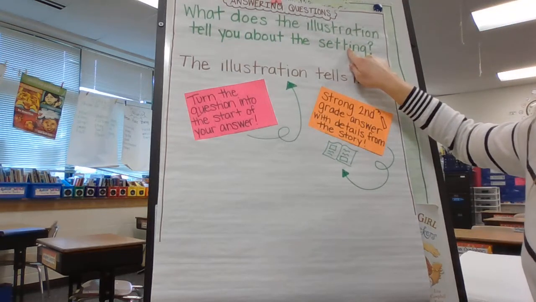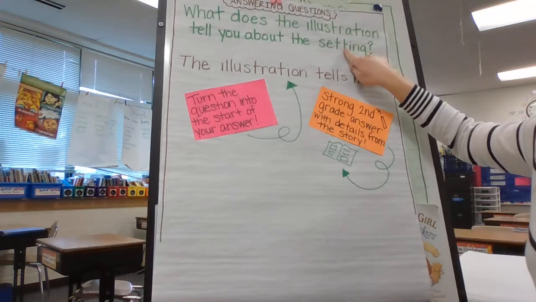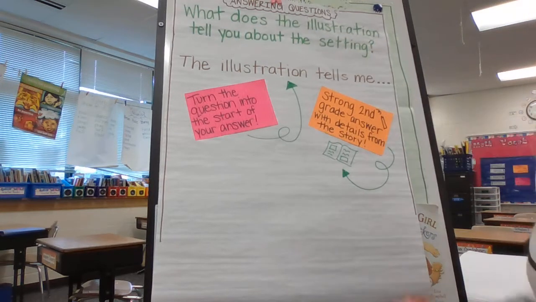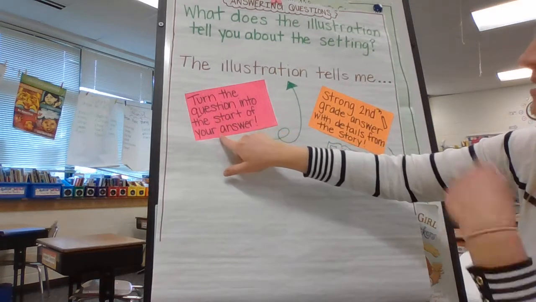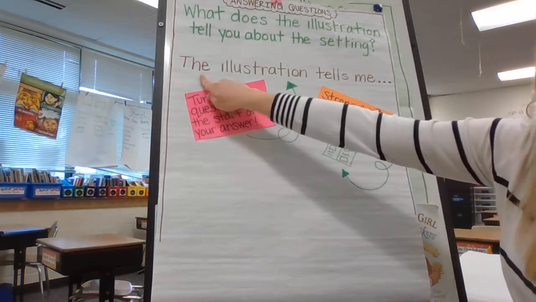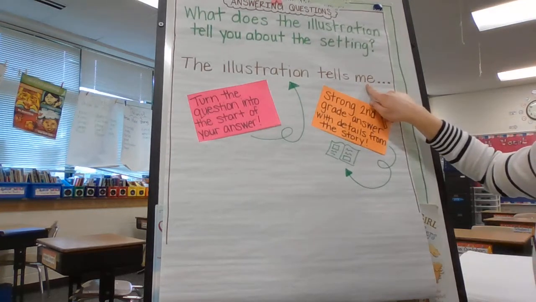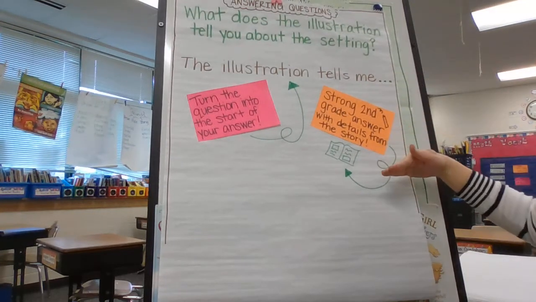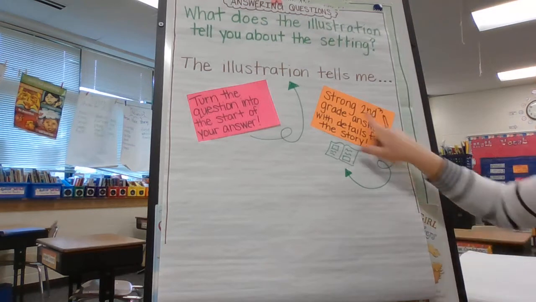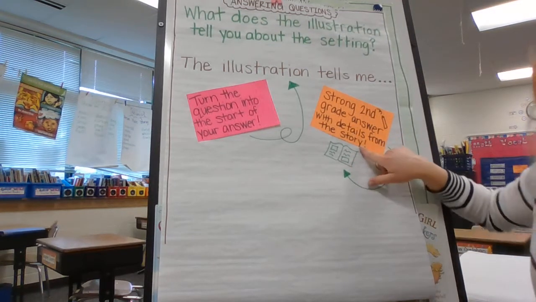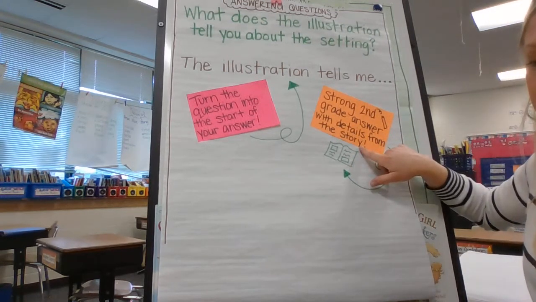That's when and where a story takes place. How does the picture help you understand that? When you go to write your answer, you're going to turn the question into the start of your answer. You would say, the illustration tells me, and then you're going to write your answer. But I want you to have a nice, strong second grade answer with lots of details from the story.